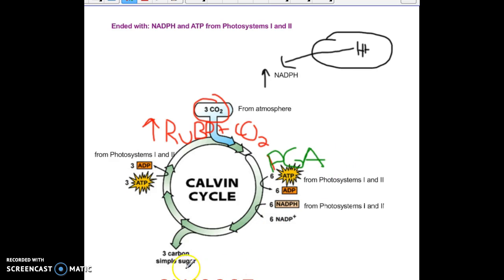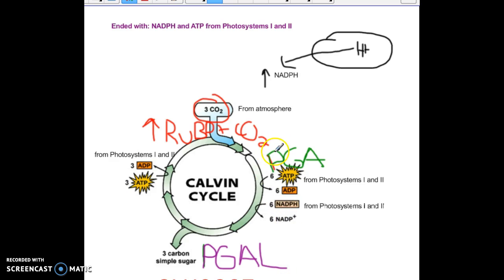Now, PGA needs to turn into something else, but this time it's not as easy. We've actually got to use some energy to get it to go from PGA to PGAL.